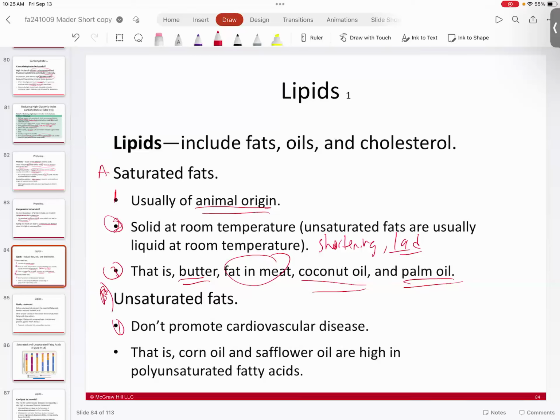So the unsaturated, basically, they don't have as much promotion of heart disease because they're typically healthier. They're a healthier type of fat. So typically they'll be from plant sources, so corn oil, safflower, grapeseed oil, things like that.